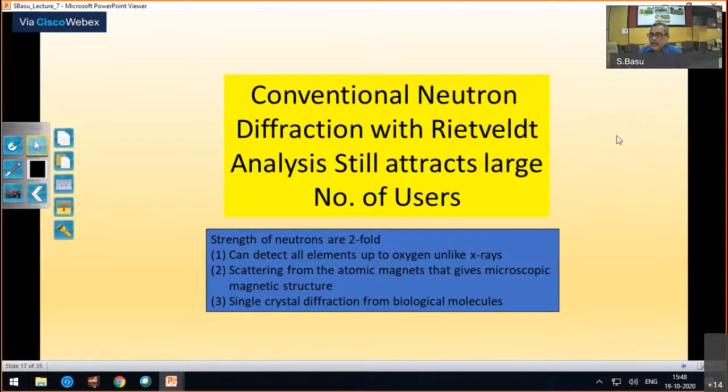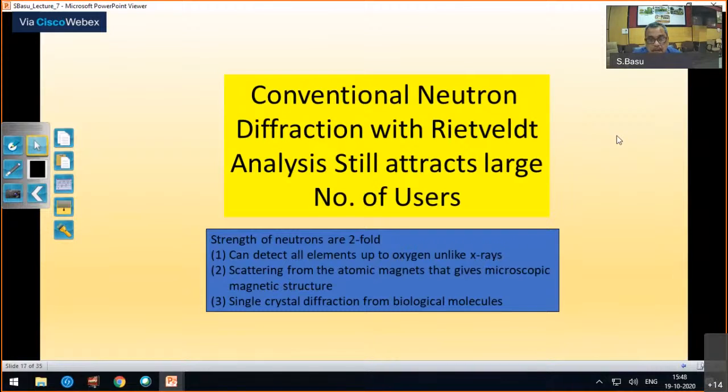So usually it goes like this. You make a sample and you don't immediately run to a neutron diffraction. No. You make a sample, you do an X-ray diffraction, mostly a powder X-ray diffraction, because most of you will be making powder samples. Making single crystals is difficult, and if you want to study single crystals, you have to have a dedicated program and reason for it.